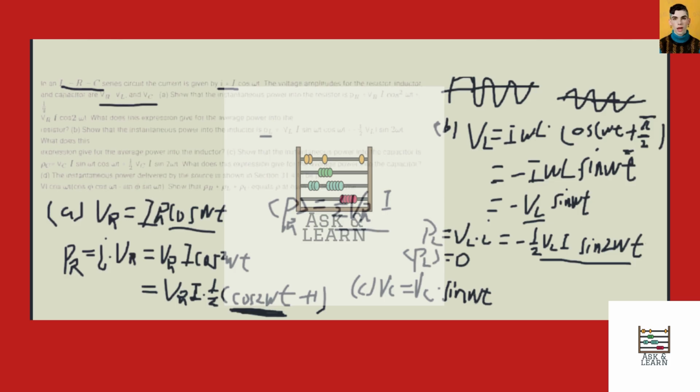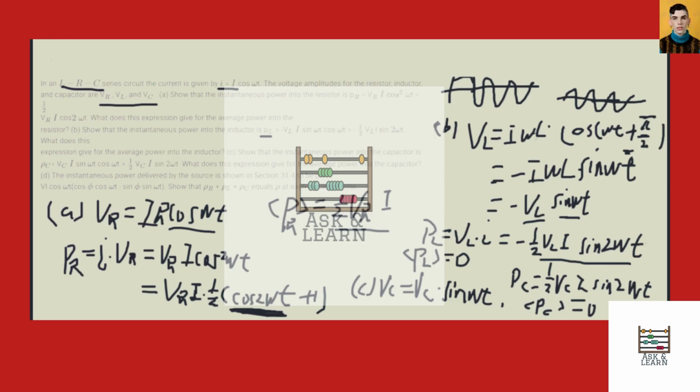So this will become sine omega t. And then similarly, you can express the PC as half VC I times sine 2 omega t. So you can easily see that the average of PC is 0.